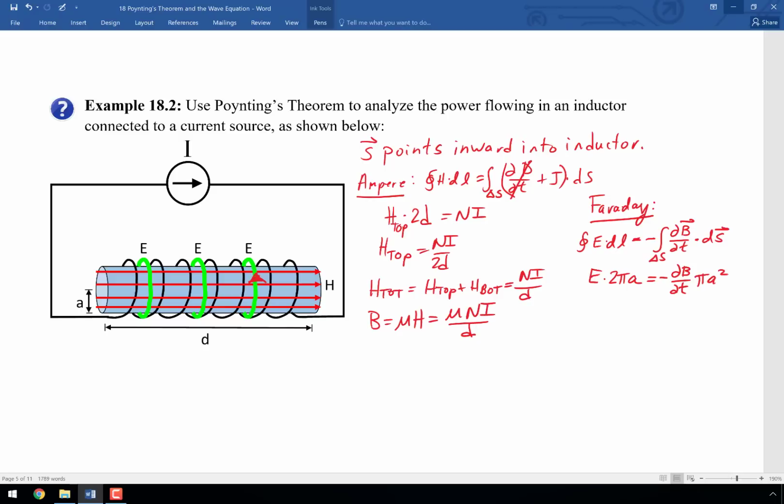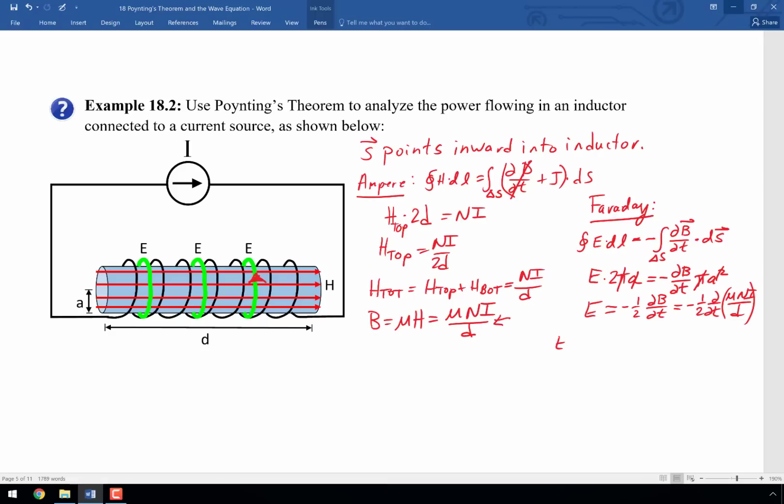And so therefore, I can cancel that a with that a and this pi with this pi. E is equal to negative 1/2 partial of B with respect to t, which is negative 1/2 partial with respect to t of mu NI divided by d, because we just found mu NI divided by d for B right there.